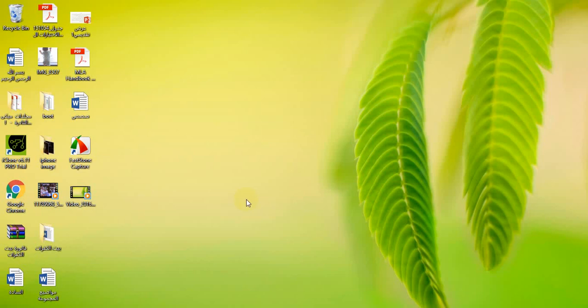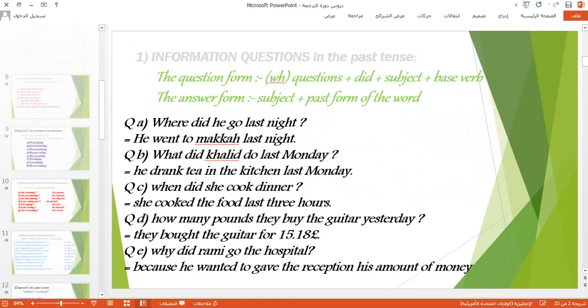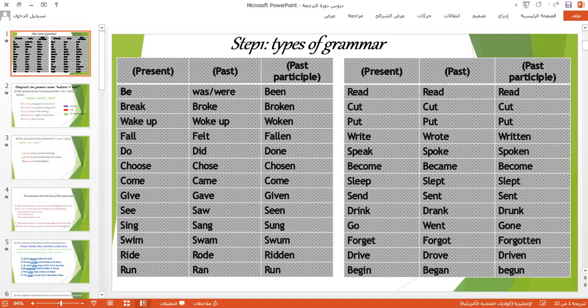Okay, we have discussed so far the present tense, the present continuous, and the past tense. We have discussed the present tense and how we can use it in WH questions and yes/no questions.